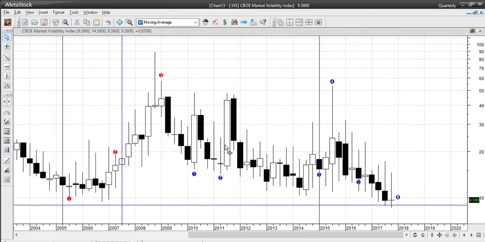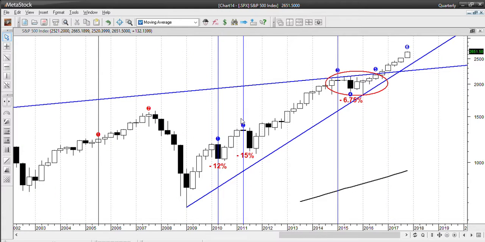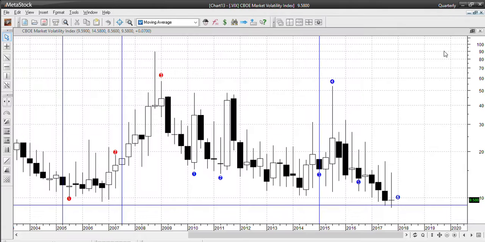And in the quarter ending September 2011, in these two quarters at point number 2, the S&P fell 15%. Most of the world markets move up and down together, so you can expect something similar if something like this happens in the S&P. Let's see what happened after that at point number 3 to 4.